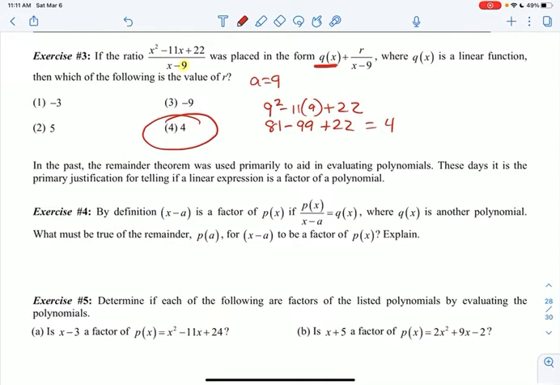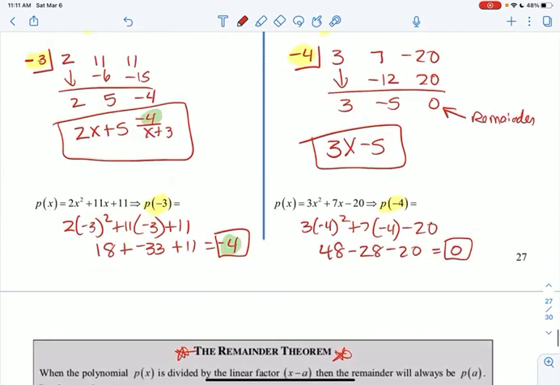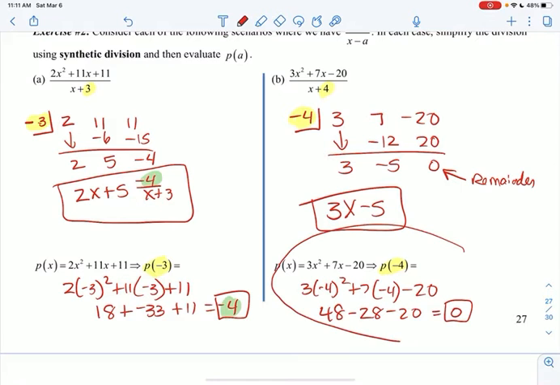By the definition, x minus a is a factor of p of x if p of x over x minus a equals q of x, where q of x is another polynomial. What must be true of the remainder p of a for x minus a to be a factor of p of x? So basically, this is like our last problem, when I got a remainder of 0.